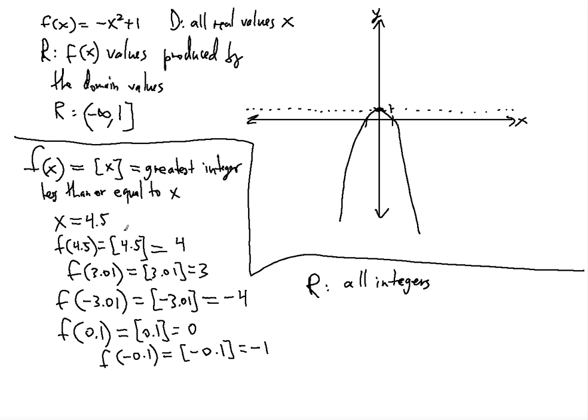If you were to graph this, you would see that it would be a step function, because if you choose 0, you will have a 0.